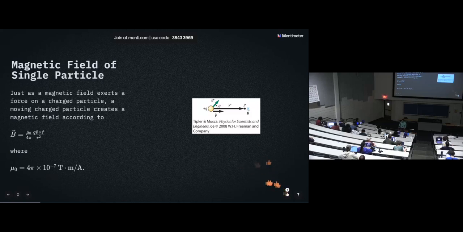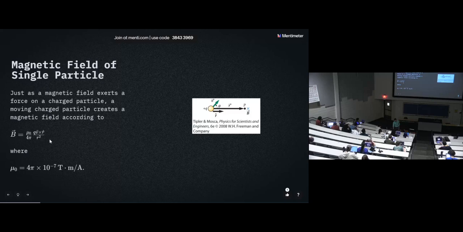V is the direction that the particle is traveling, and r hat is the direction from where the charge is to the point in space that you're measuring the magnetic field strength. So V is the velocity of the moving charged particle. r hat is the direction from the moving charged particle to the point in space where you're measuring the magnetic field strength.